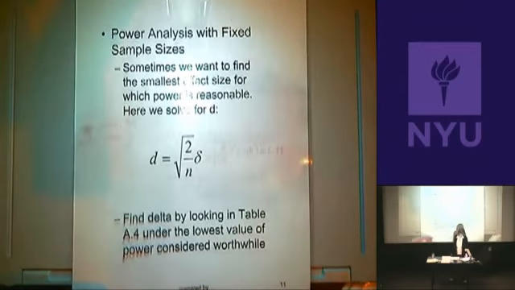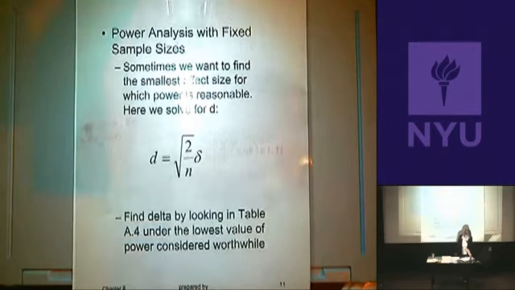Now sometimes we have fixed sample sizes, and we have a power in our heads that we don't want to go below a certain amount. A power of 0.7 or less is really not great.